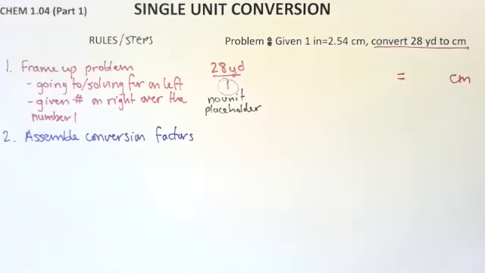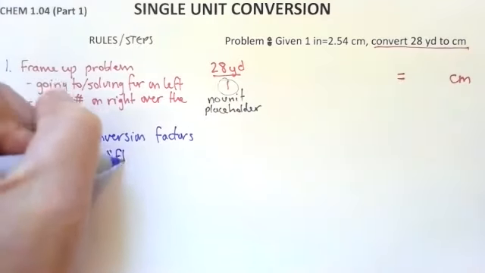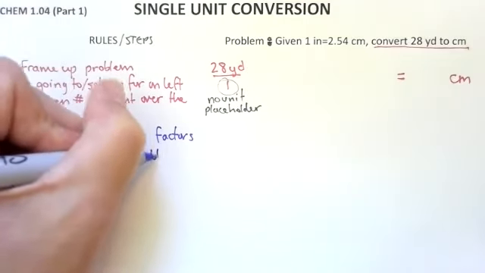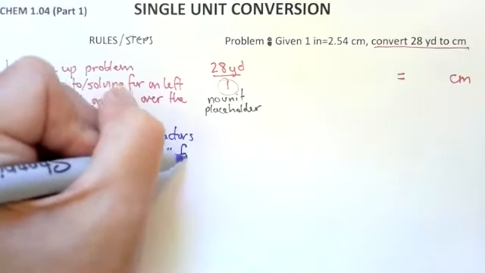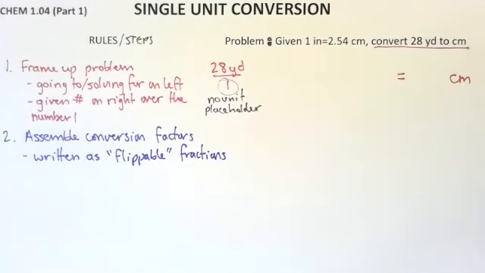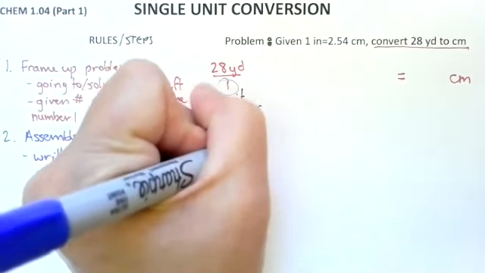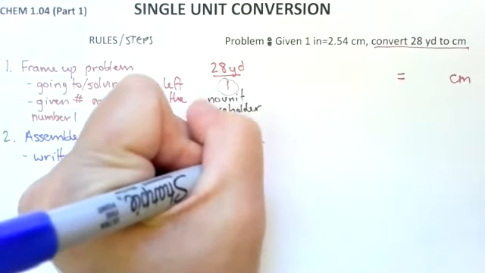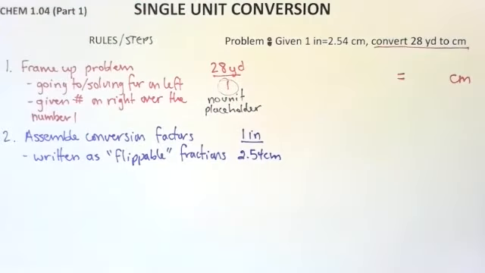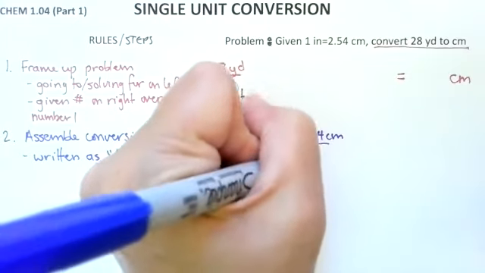So let's talk about conversion factors a little bit. Conversion factors are written as flippable fractions. So I can write this inches to centimeter conversion as 1 inch is 2.54 centimeters, or I could write that as 2.54 centimeters in 1 inch.